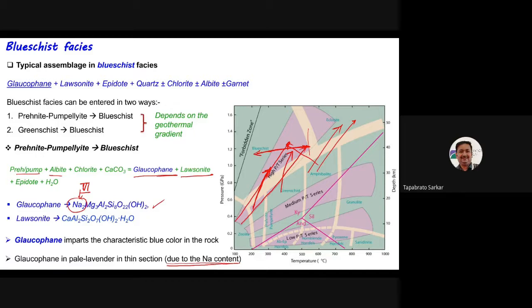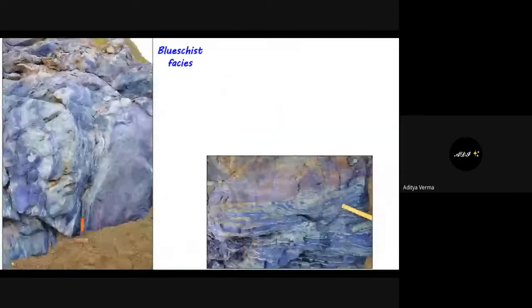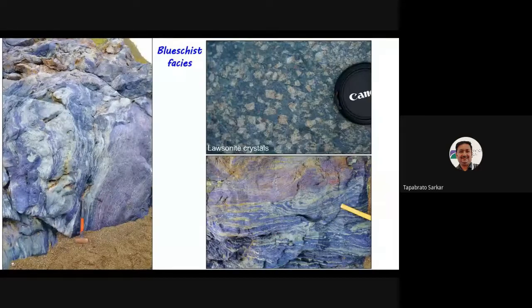Okay, sir. If there is a retrogression from amphibolite, it will go to green schist, not to blue schist. Yeah, okay, sir, got it. Thank you. Okay, any other questions?